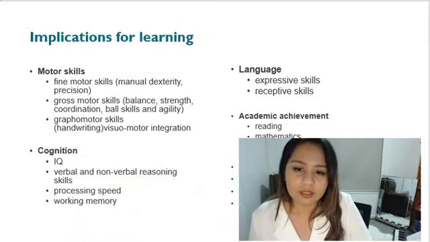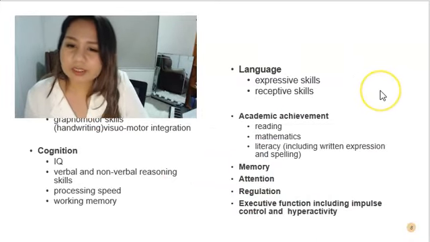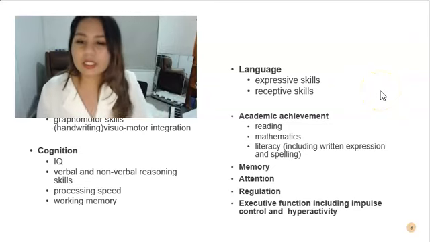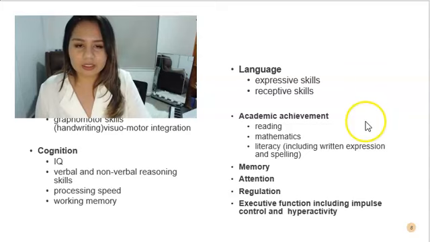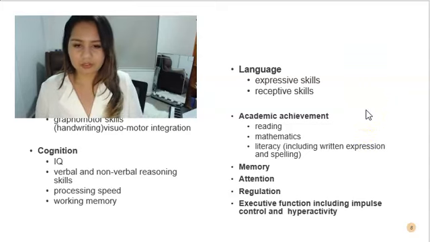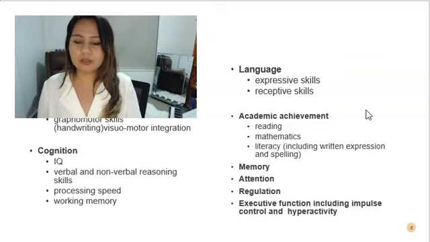So they may be very smart and they may not be. Their language, their expressive and receptive skills, and academic achievement, so they'll have issues in reading, math, and literacy. A lot of students will have learning difficulties, but because of their delay, they will struggle a lot compared to normal children.